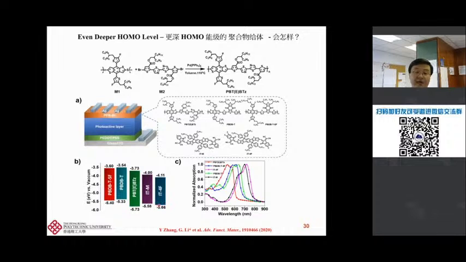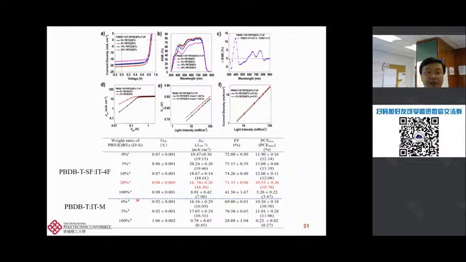It's actually even deeper than your acceptor's. People tend not to do that because they are afraid that if you are even deeper than your acceptor's HOMO level, it becomes a hole trap, right? We are curious about that too, and we think maybe you can do this with a smaller amount without disturbing it too much. Is that the case?